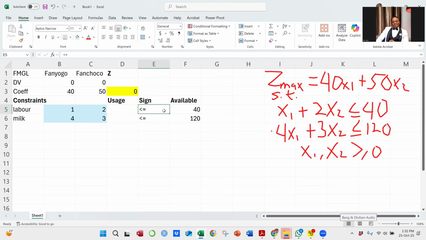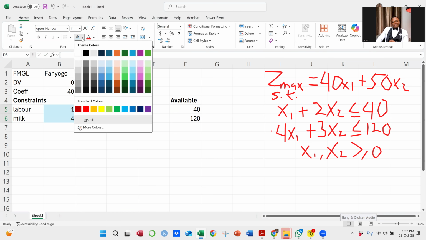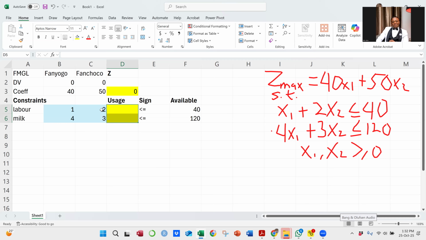We are left with only one thing, and that one thing is under the usage. That's all we are left with, and the formulation is done. How do you put the values here? Just copy what is under the Z, because it picks the same coefficients and follows the same format. So pick it because it's a formula.